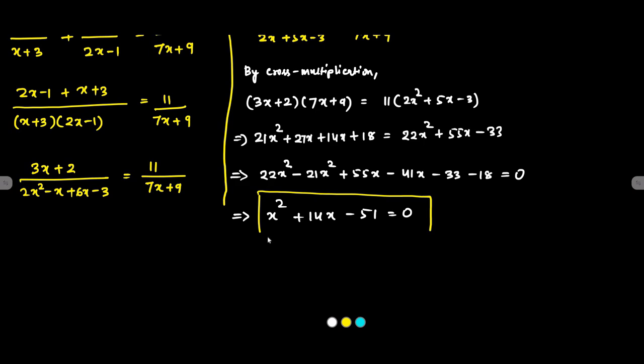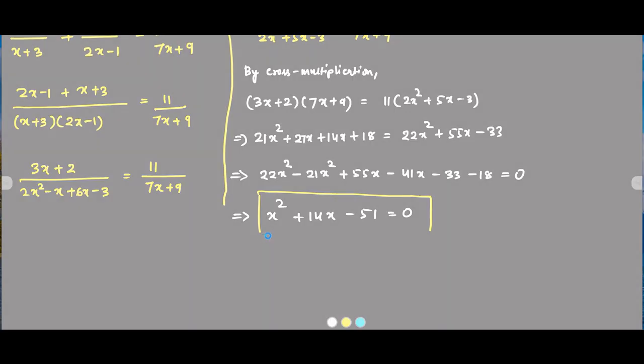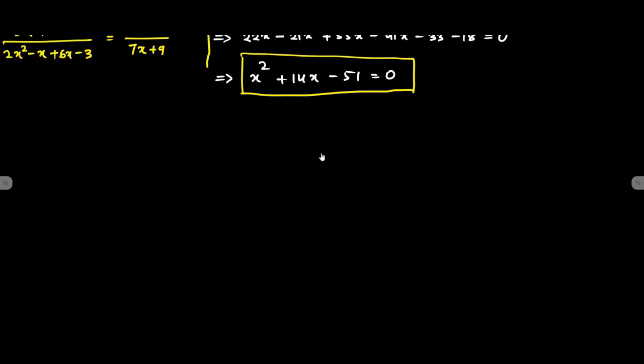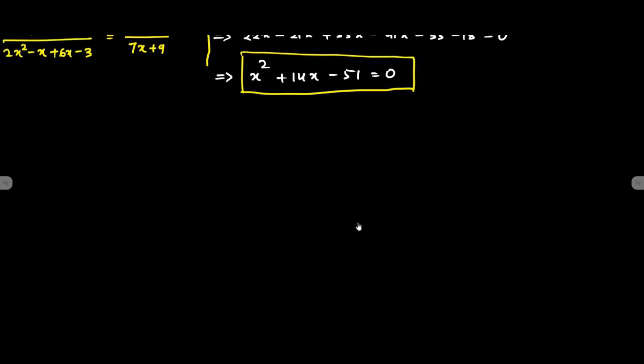x square plus 14x minus 51. This is the required quadratic equation which we have to solve. Now, as you can see, we have 17 into 3, that is equal to 51 here.